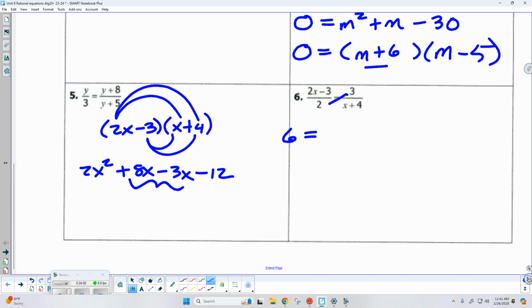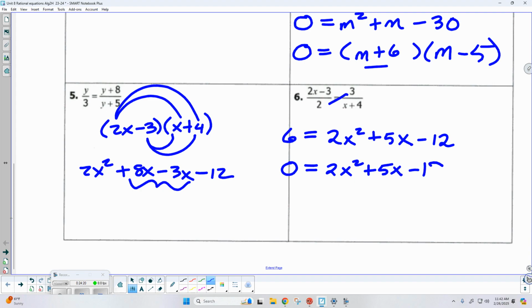Okay, so I have like terms here, so this is going to equal 2x squared plus 5x minus 12. And now we're going to go ahead and subtract the 6. So 0 equals 2x squared plus 5x, and that would be minus 18.